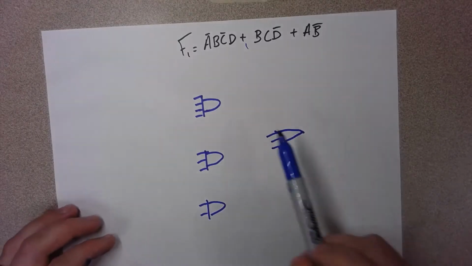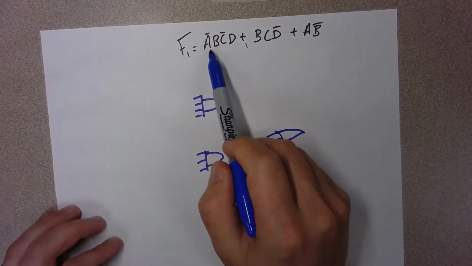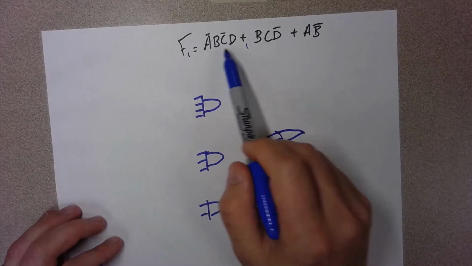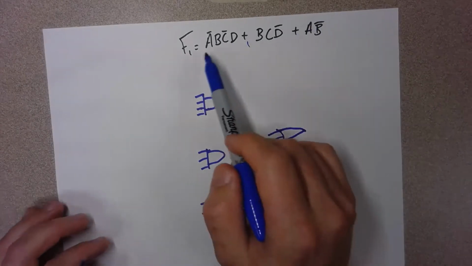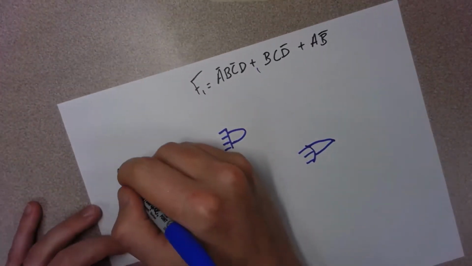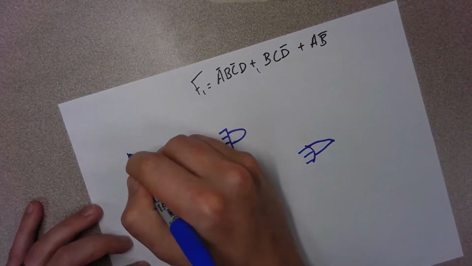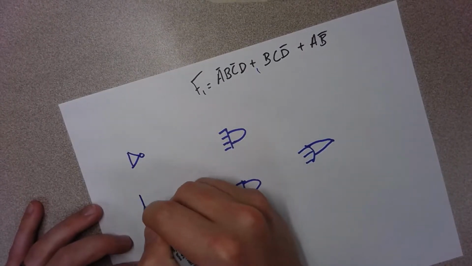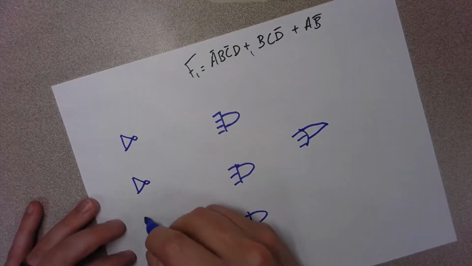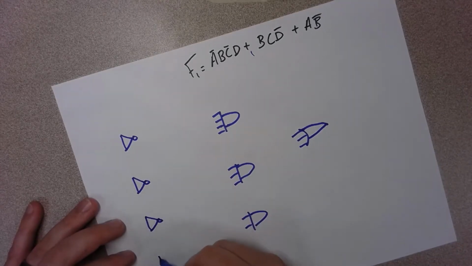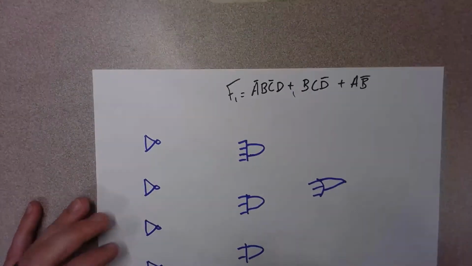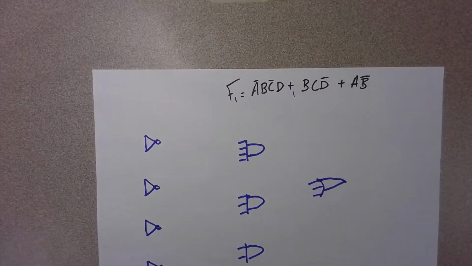Now each of these terms has its regular term and a not version of that term, so we're going to need 4 not gates. Now I've got all my stuff drawn.